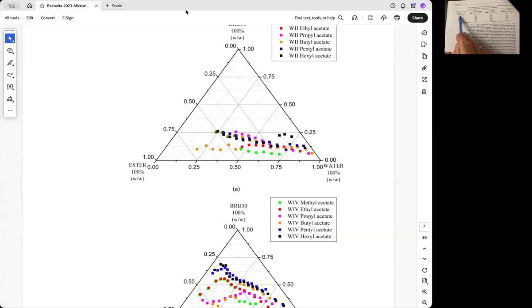So methyl acetate, 12.97. That's under the Windsor 2, so no microemulsion. Microemulsion and Windsor 2 with water underneath it, and microemulsion with all of it in one phase.